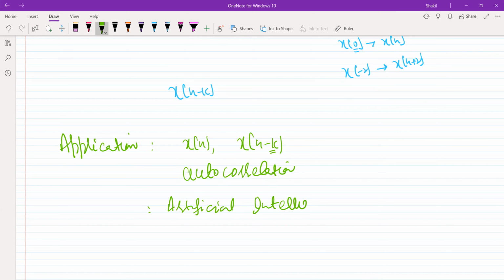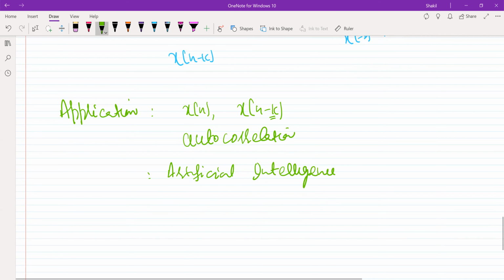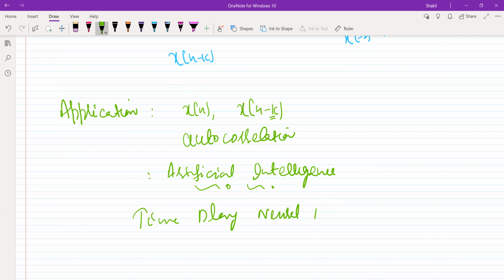Such a system uses this time delay operation, and it is involved in time delay neural networks, which are used in artificial intelligence. Okay, this is it. Now in the next class we shall study the folding operation.